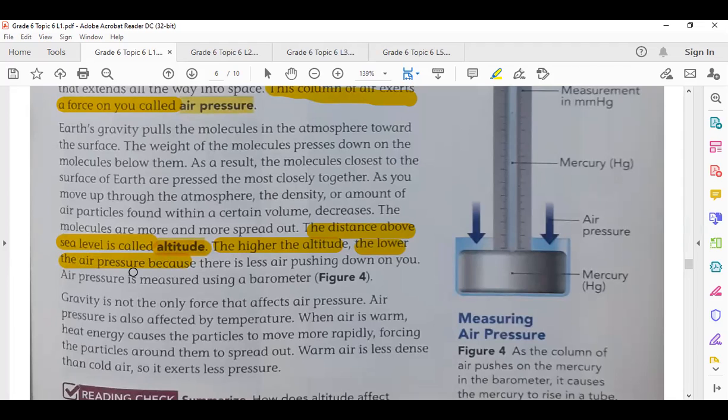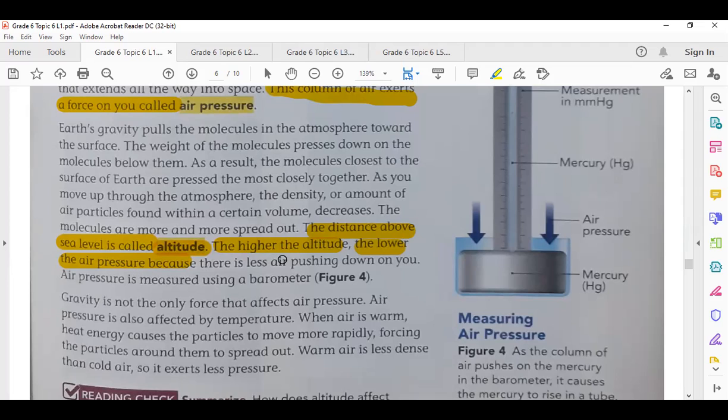For this reason, people who climb mountains, for example those who try to climb Mount Everest, face one of the major problems, not only the cold temperature. In addition to the cold, they have a problem with breathing, because as you go up in the atmosphere, there is less air.